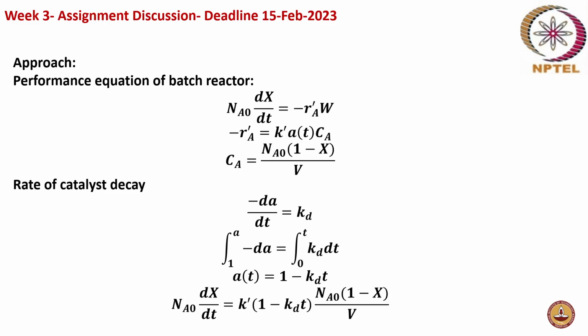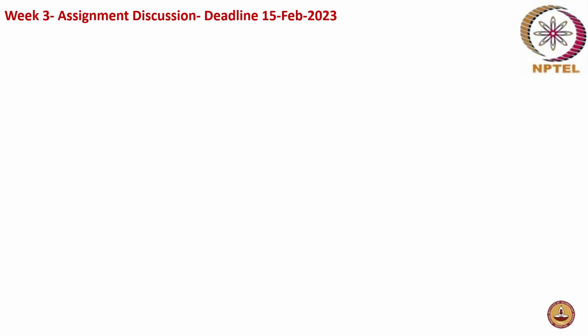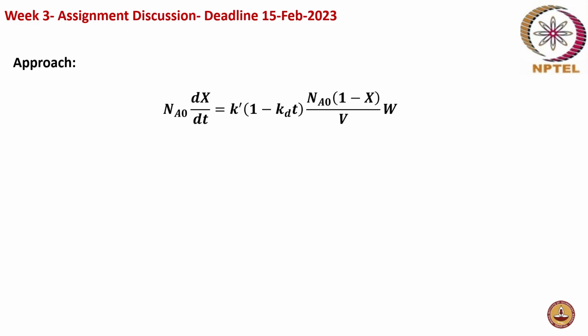Now we have to incorporate the expression for Ca and the expression for activity into the performance equation of the batch reactor. So you will get Na naught dX/dt equal to K prime times (1 minus Kd t) times Na naught times (1 minus X) by V. Then Na naught gets cancelled, and you can bring similar terms together.